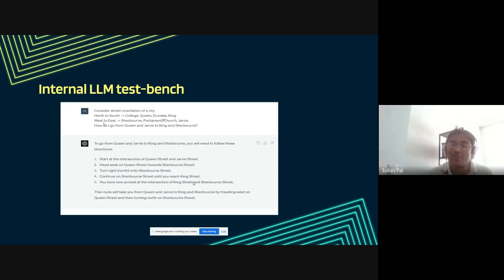So it's testing both whether it's able to suppress its parametric memory in order to look at my prompt, and also reasoning and planning. So basically, it's seeing whether it can actually give the right directions. And so far, it isn't able to do it.